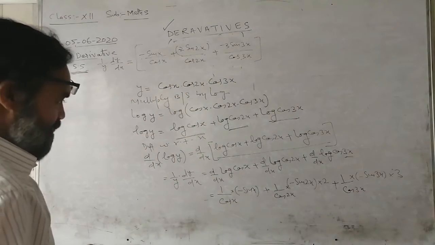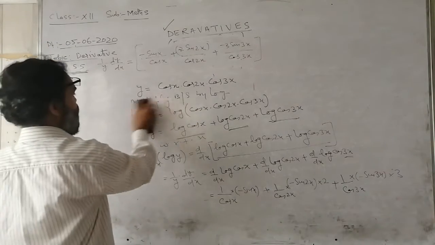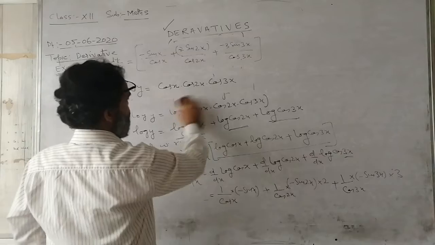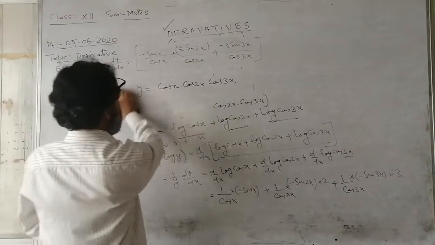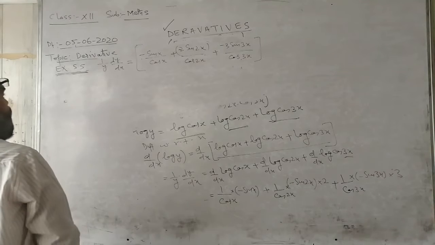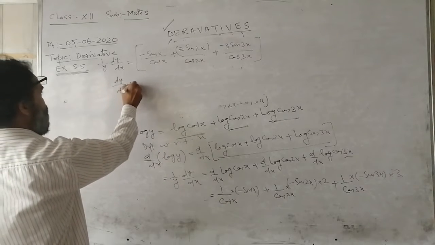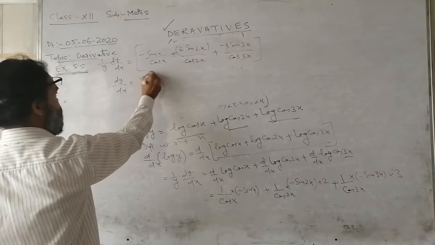So further I can simplify. dy upon dx will equal to y times.